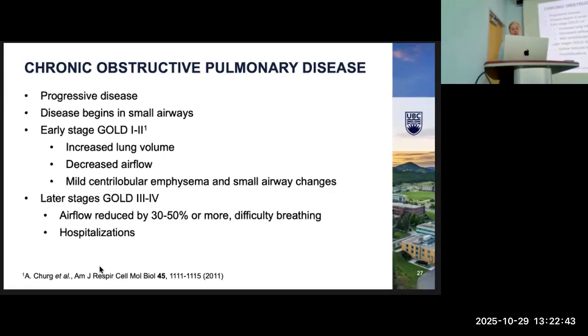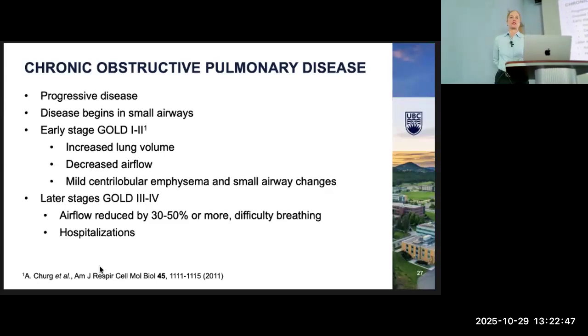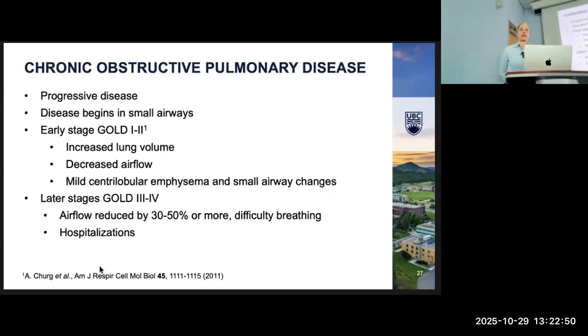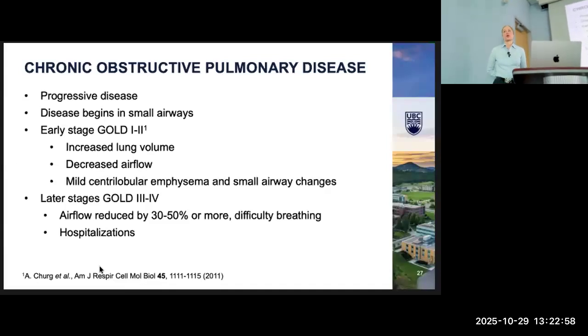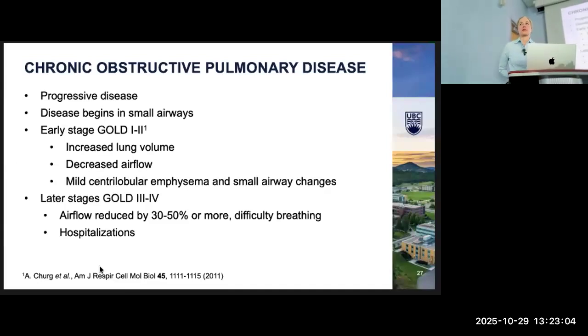And as it progresses into stages 3 and 4, the airflow is reduced by 30 to 50% in GOLD 3, and then by more than that in GOLD 4. These patients have difficulty breathing, even doing kind of normal everyday things. So walking up a flight of stairs. GOLD 4, they might even get out of breath just getting dressed in the morning. So they are very debilitated. This category of patient has a lot of hospitalizations and often are on oxygen.